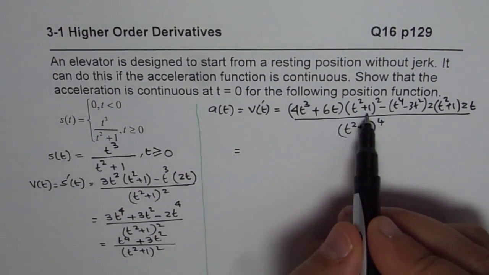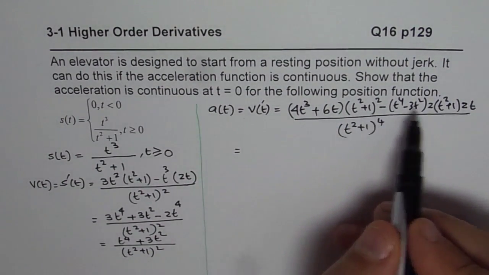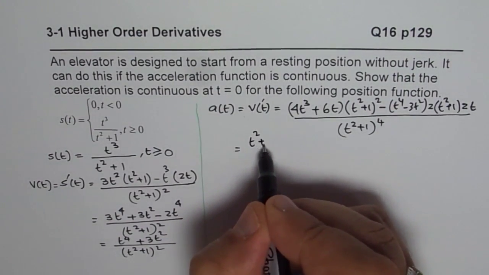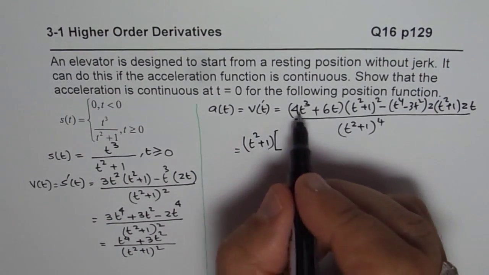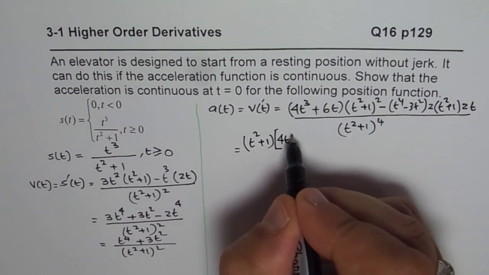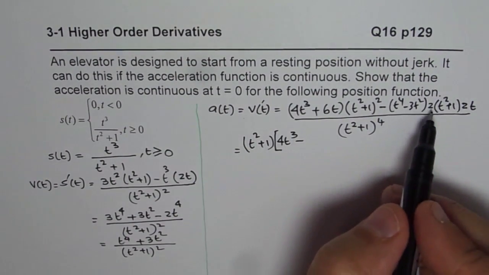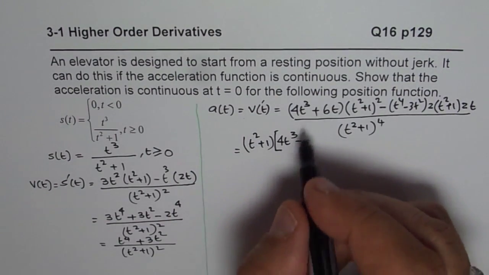Now t squared plus 1 is common. Before expanding, you should always look for things which are common. They will help you. So we have t squared plus 1 as a common factor, and within brackets we are left with 4t cubed plus 6t. Actually, we could have taken 2t common here also, so I'll take it next time.